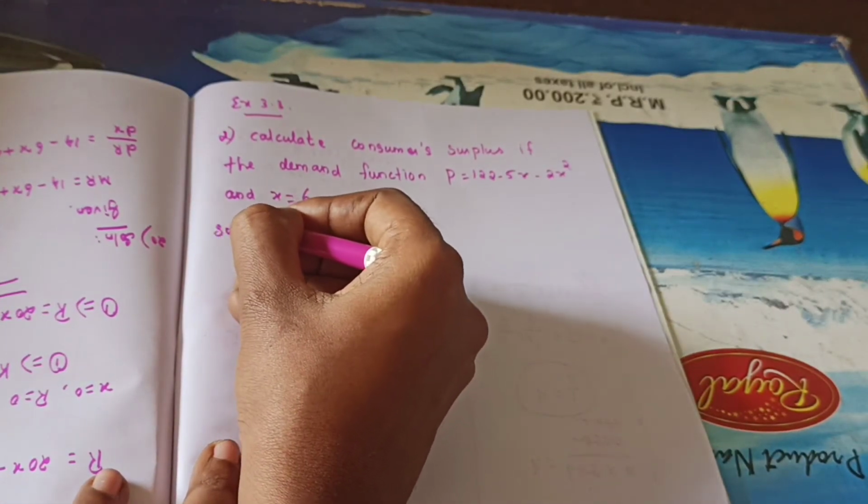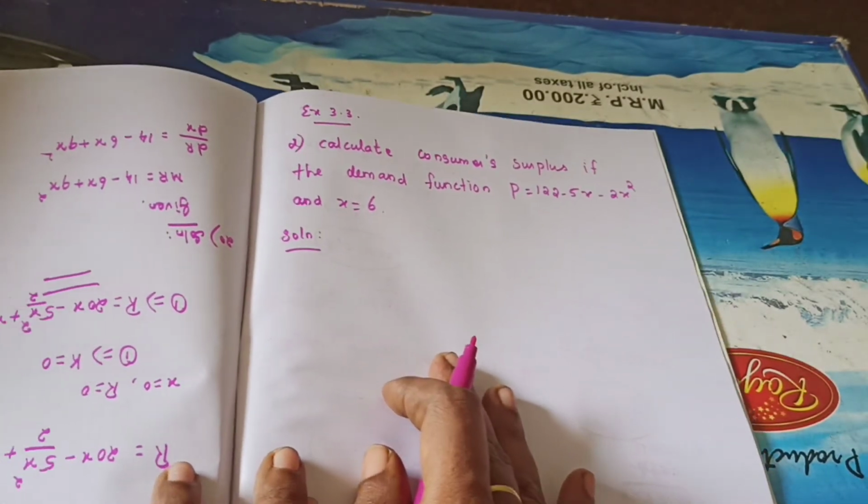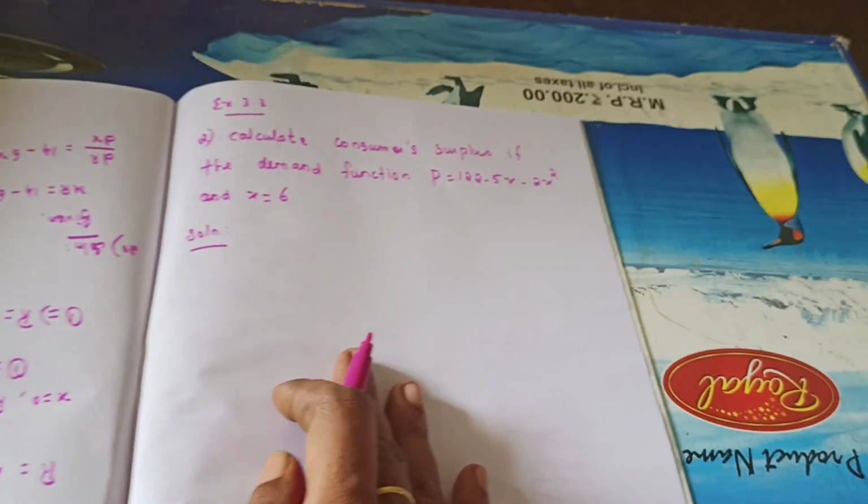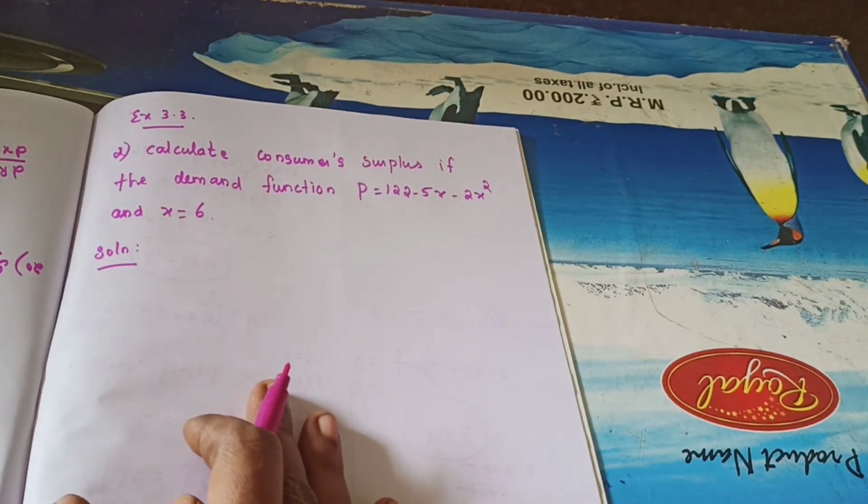Okay, solution. Calculate consumer surplus if the demand function P is equal to 122 minus 5x minus 2x square.